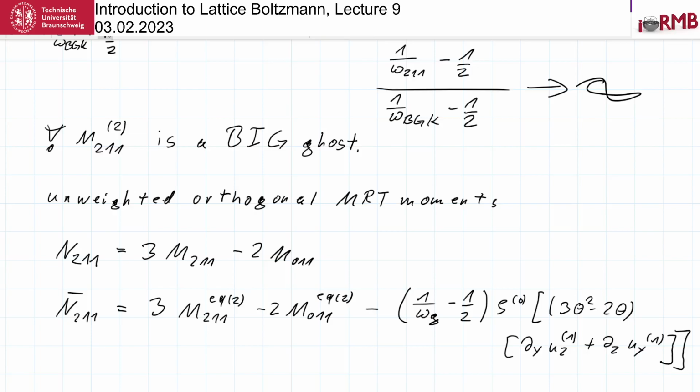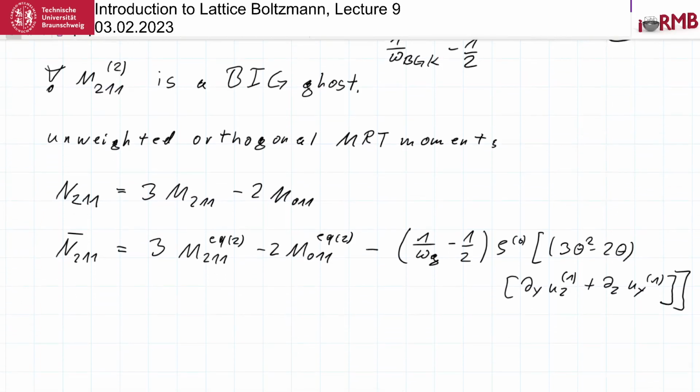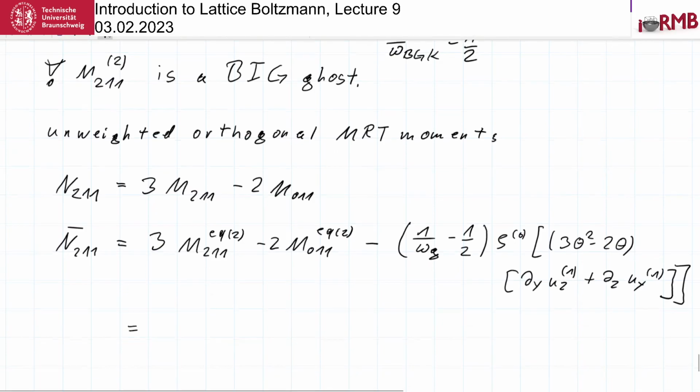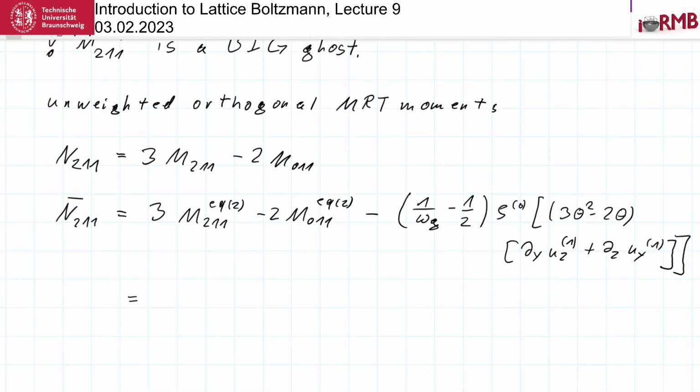Now what happens if we plug the hydrodynamic moment into the same thing? So we get M211, 3 times M211 equilibrium, square minus 2 M011 equilibrium to second order. And now comes the following. We get here 1 over omega g minus 1/2. So the important thing is we still have this guy, right?